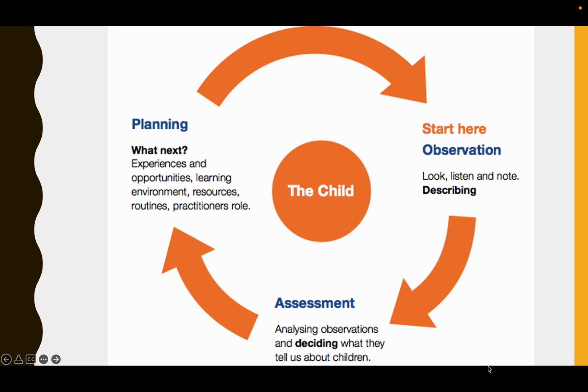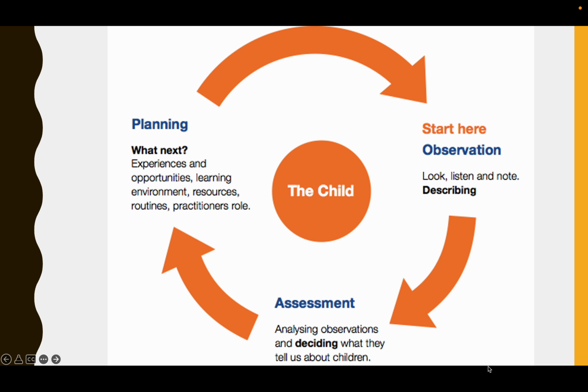The assessment part of the cycle is where we put those observations into a context and we decide, what do these things that we've seen the children doing tell us about how the children are developing, who the children are, what their interests are. And we can use the developmental milestones, which are contained within the EYFS, at this assessment stage in order to make sense of what we've observed.